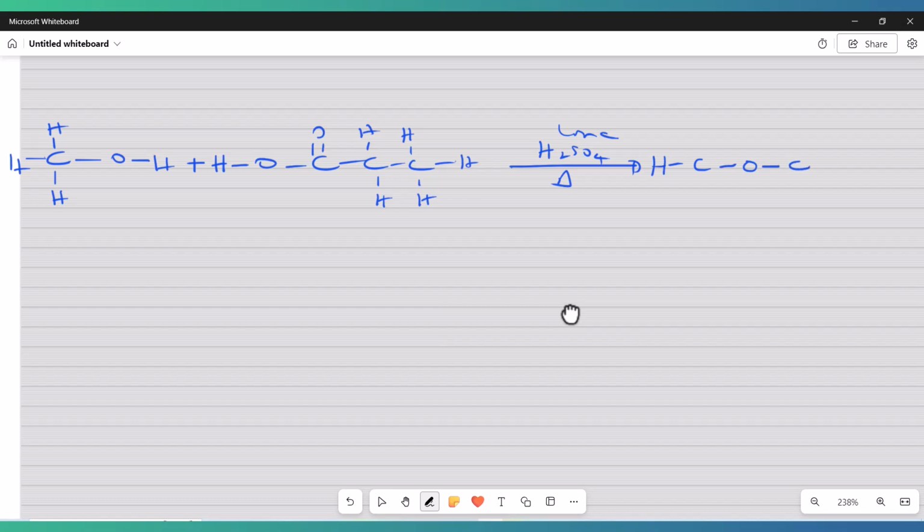Then bringing this carbon here with its own O, this other carbon, then put H here. Like we said, each carbon must have 4 bonds. Okay, then plus water, that's plus H2O. All right, that's what they wanted there.